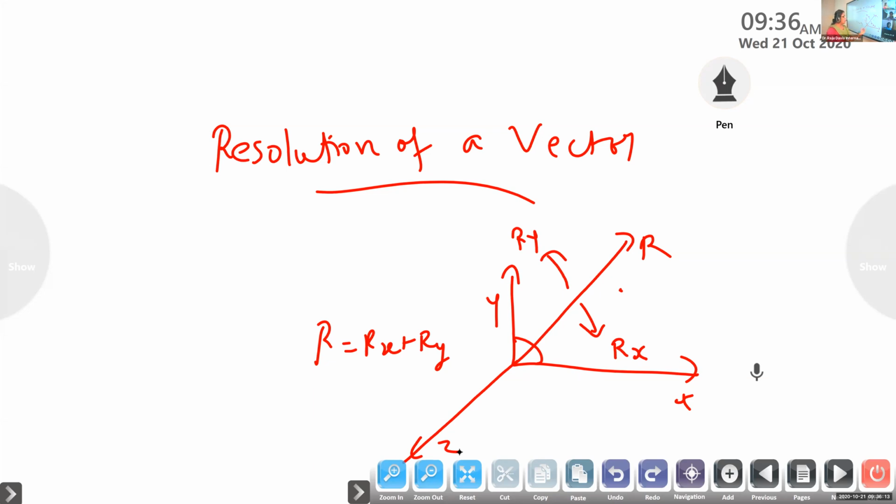Then we have to find a component in the z axis, that is Rz. Then the magnitude of vector R will be Rx plus Ry plus Rz. So one single vector can act along all the axes. So this is resolution of a vector.